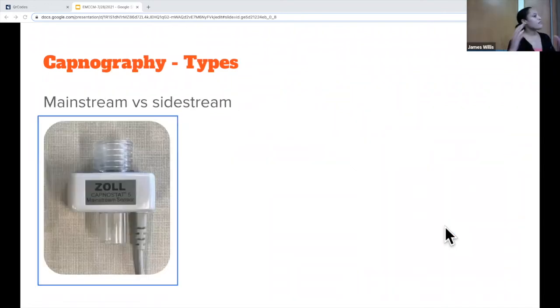Within the category of capnography, you've got a couple of different types: mainstream and side stream. It basically depends on how the exhaled gas is being sampled. Here you've got a mainstream capnography.